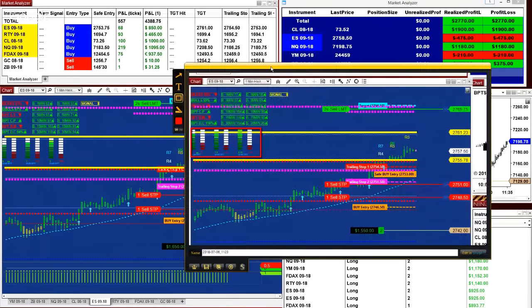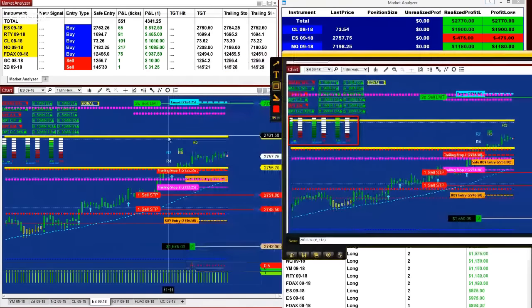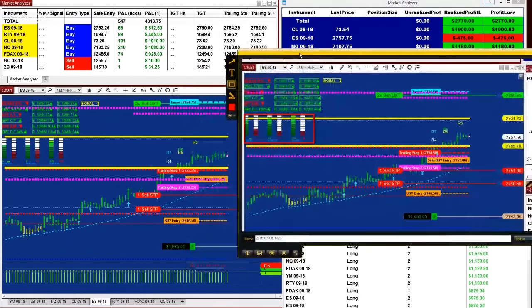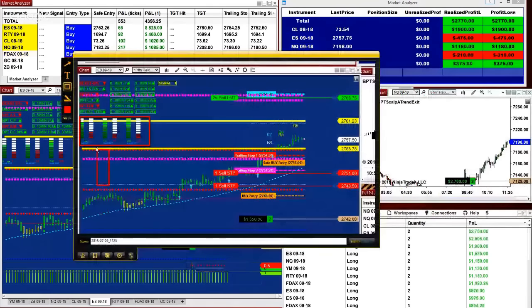But this one here includes six different high time frames measuring the buyers and the sellers. And I can understand right now the pressure of the buyers is way over the sellers, with three different time frames included in it.